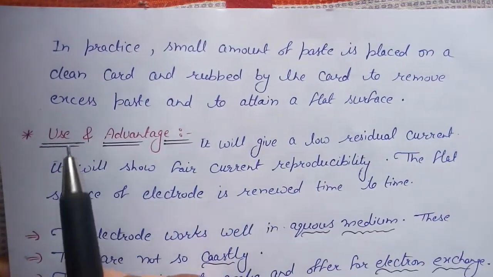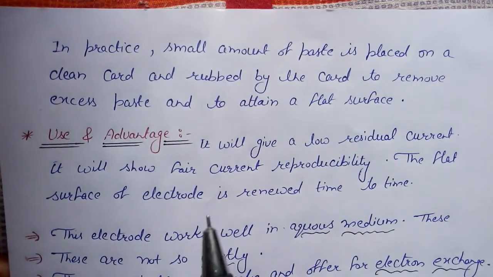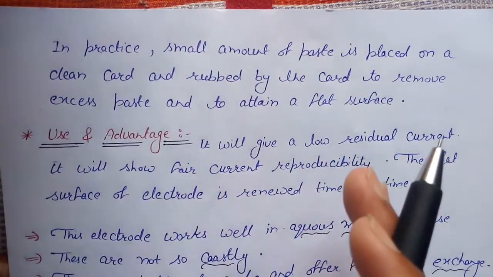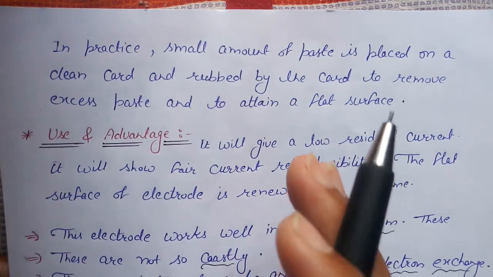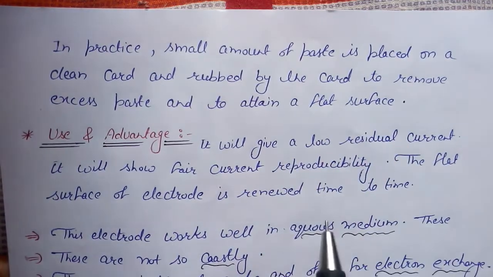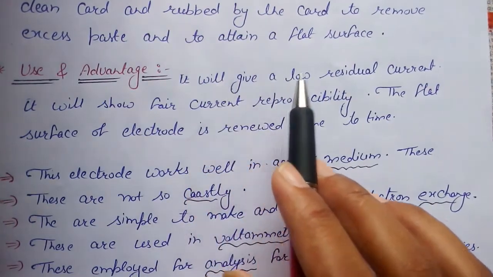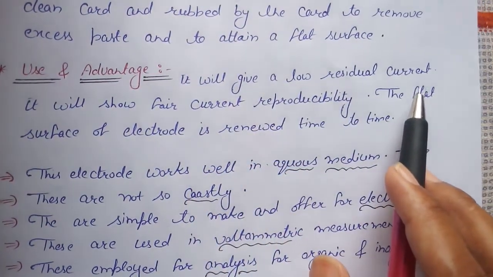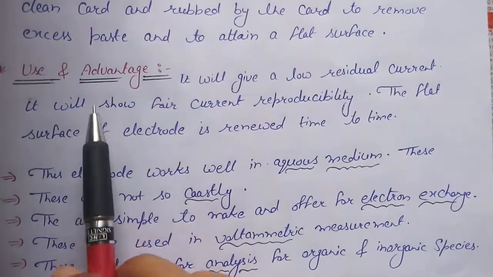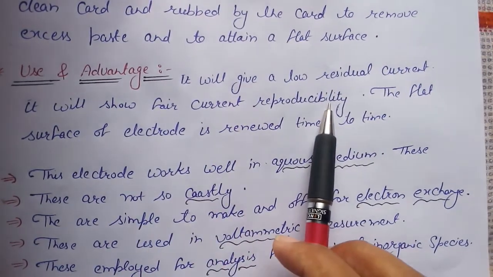Now, what are the uses and advantages of it? There are many uses and advantages of the carbon paste electrode in polarography. It gives a low residual current, which is helpful. It shows fair current reproducibility.